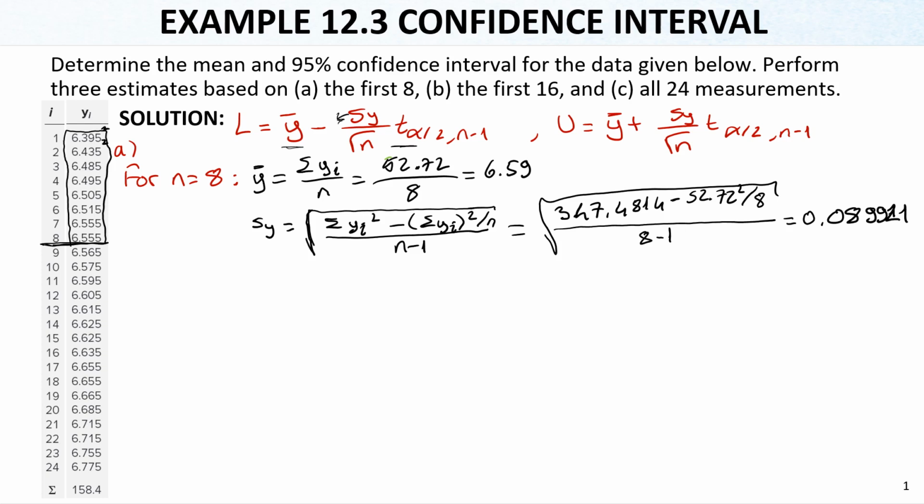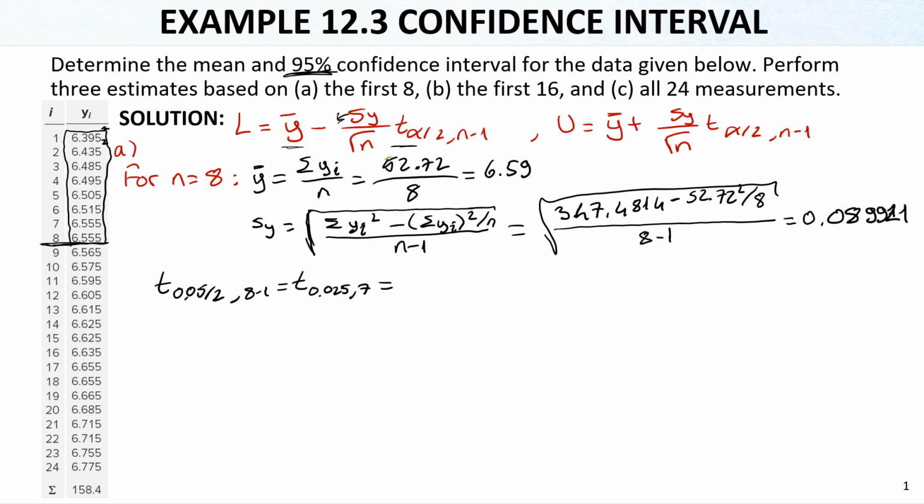So we need the t distribution value as well. For the t distribution, we will simply find t. Alpha is not 95%, alpha is 0.05, so 0.05 divided by 2, and n minus 1 is 8 minus 1, 7 actually. So t 0.025 and 7.